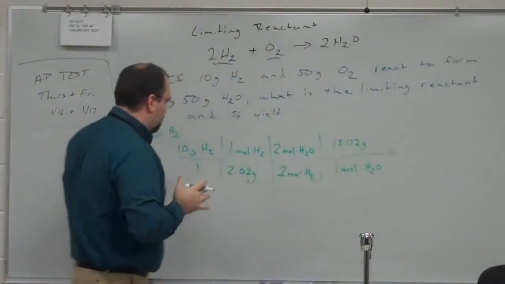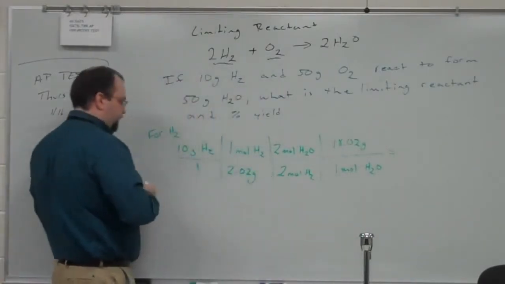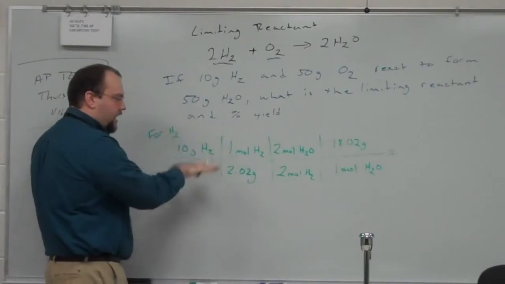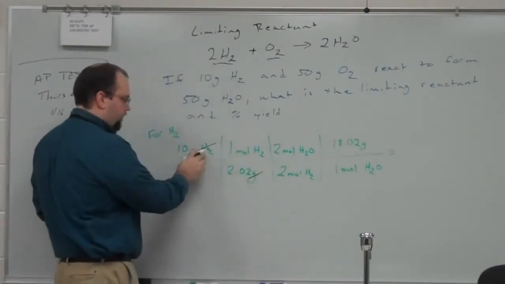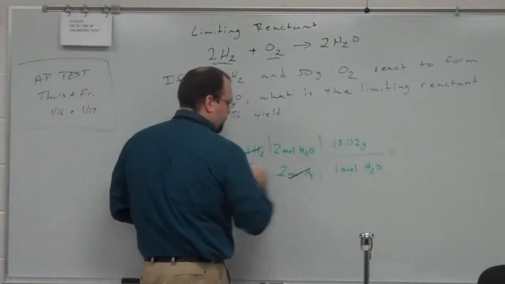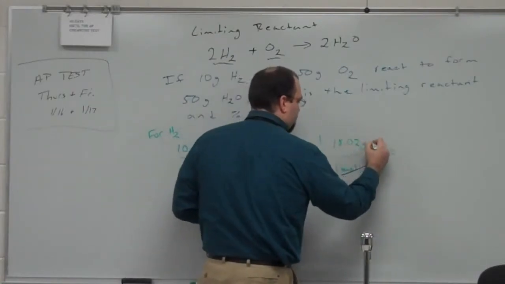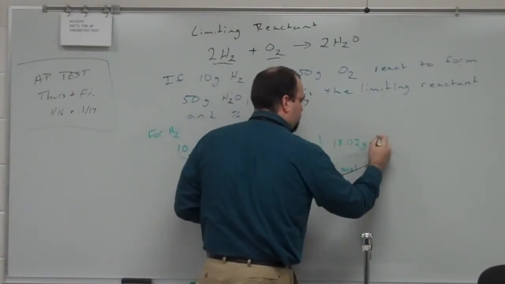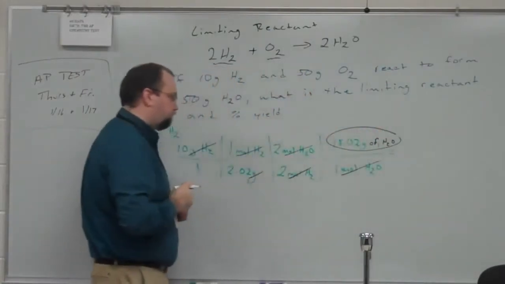So now I can just double check my math. Let me grab my black marker here. I'm crossing out to make sure all my units will cancel out. I've got grams of H2, grams of H2. Moles of H2, moles of H2. Moles of H2O, moles of H2O. And I'm left with grams of H2O.